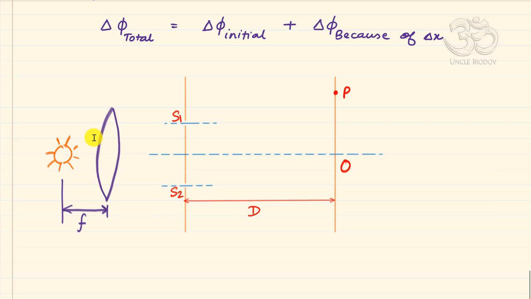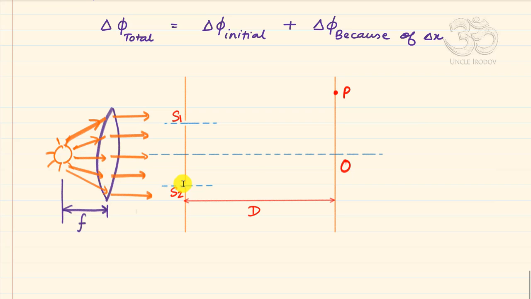The light beam that hits the biconvex lens is sent parallel to the principal axis of the lens after refraction, and it is this beam that acts like a plane wave, and it goes and hits S1 and S2, and S1 and S2 then start in the same phase. When S1 and S2 start in the same phase, everything else is how we have discussed it.